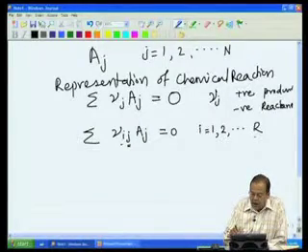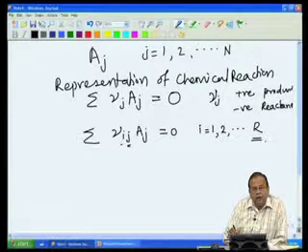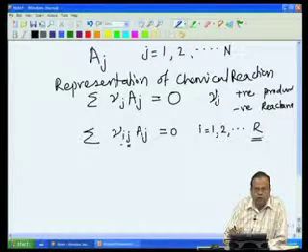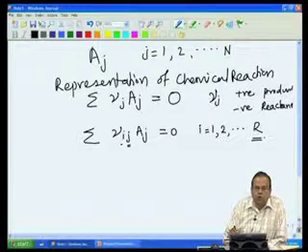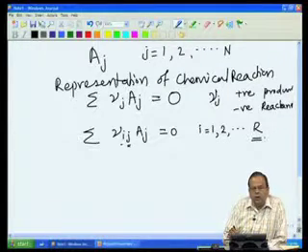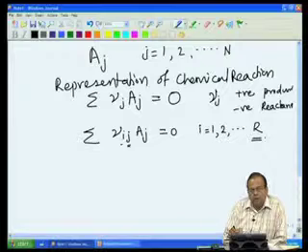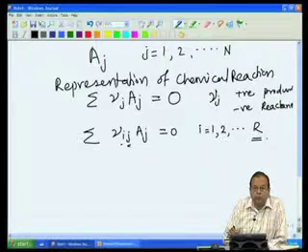Now, why r reactions, or what are these r reactions? The reactions that we are interested in and that we will focus on while representing this generalized form are only independent reactions. So, we do not want a reaction and the same reaction represented by multiplying all the stoichiometric coefficients by a constant number except 0 to be part of our reaction scheme as two separate reactions.